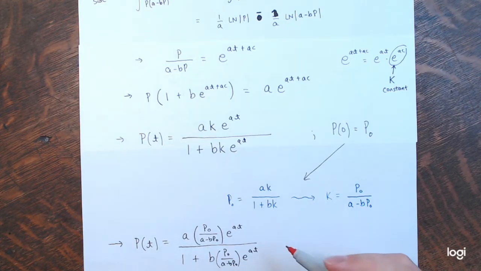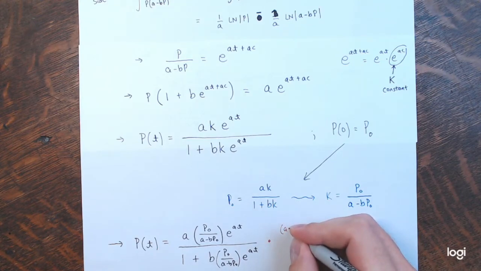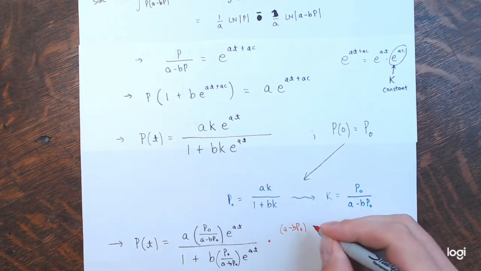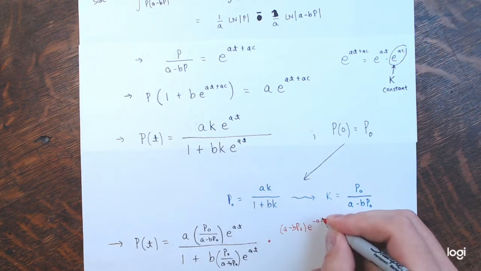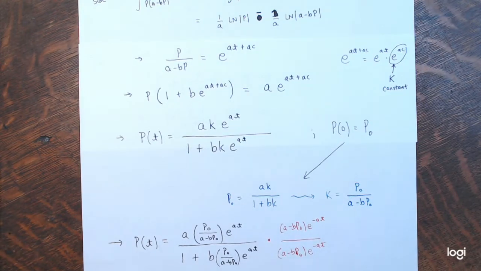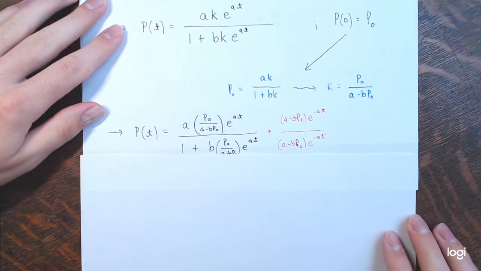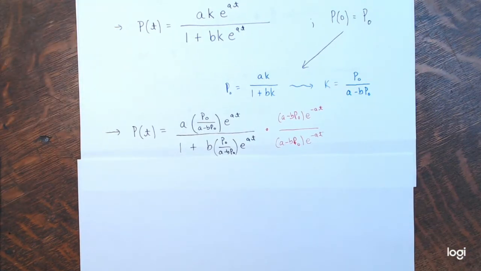I'm going to now multiply the numerator and denominator here by the quantity a minus b times p sub 0 times e to the negative at. I'm going to do that to the denominator as well. And then finally. All right, so again, sorry about this. This took a while, but it'll be worth it when we get to some examples.